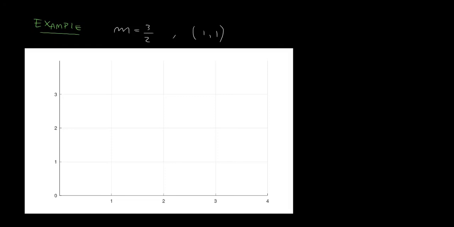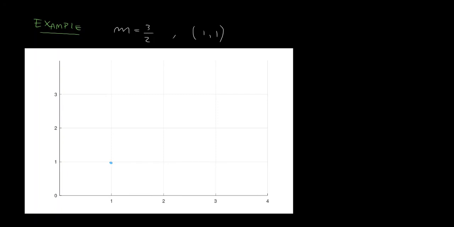Let's now try and solve this other example. We're given the slope of a function that is 3/2, and we know that our function has a point in 1, 1. We have to draw the complete function. So let's start by marking this point in our plot. 1, 1 is here because x equals 1 and y equals 1.